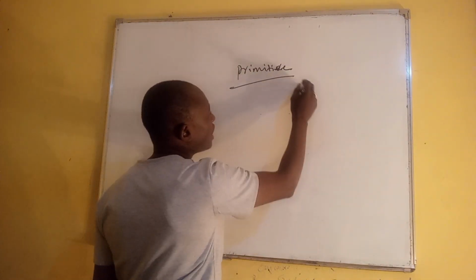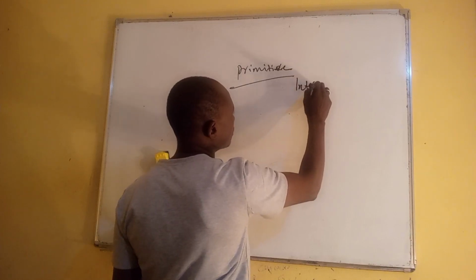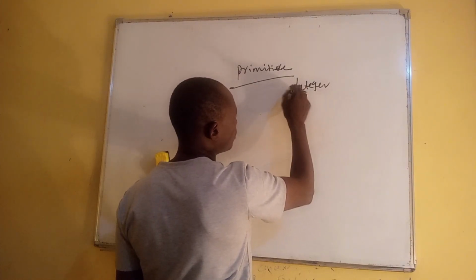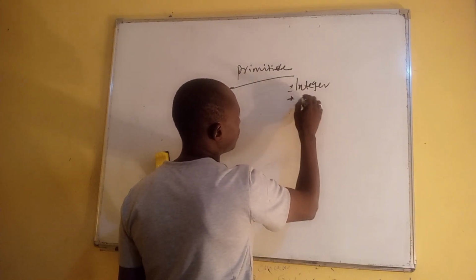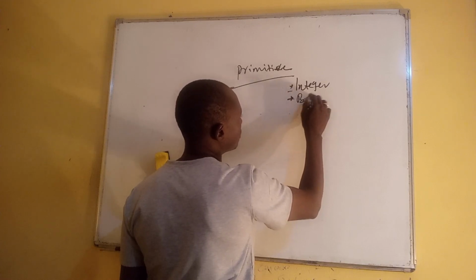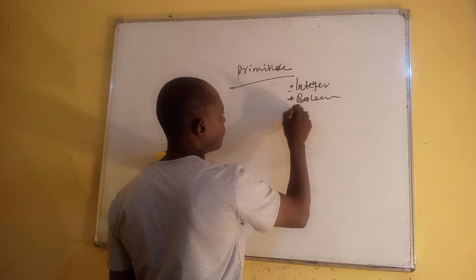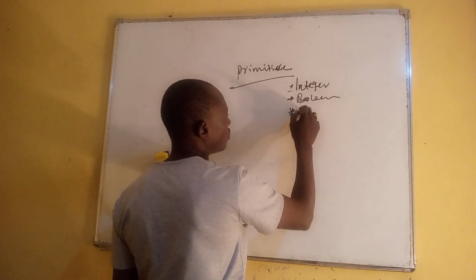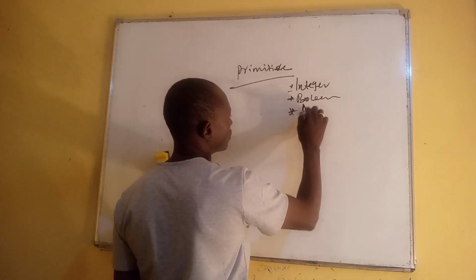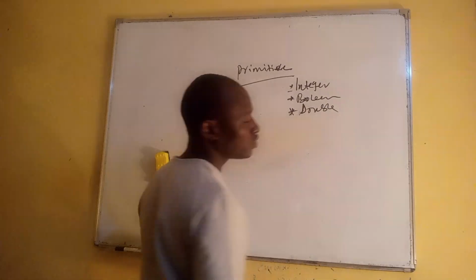We have primitive data types. We have what we call integer. We have boolean. Then we have double. Are we together?